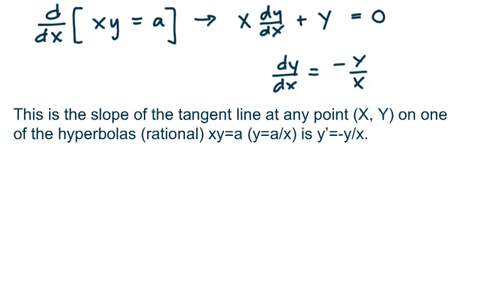So one thing to keep in mind, orthogonal means perpendicular. And when we're dealing with perpendicular equations, they have negative reciprocal slope.